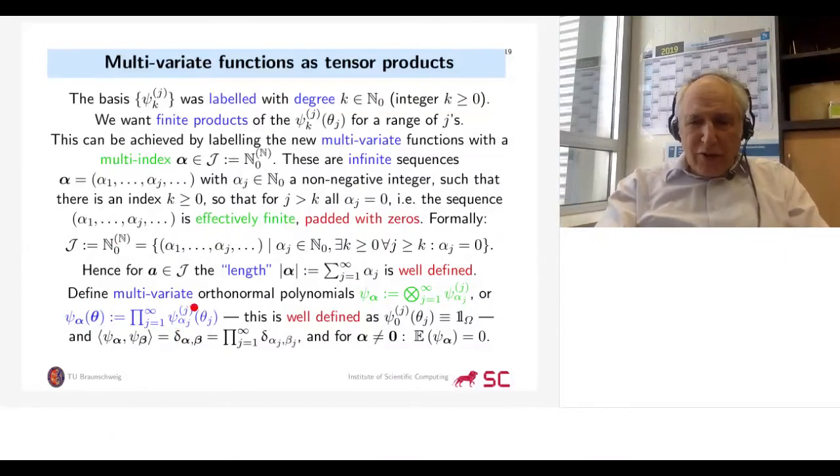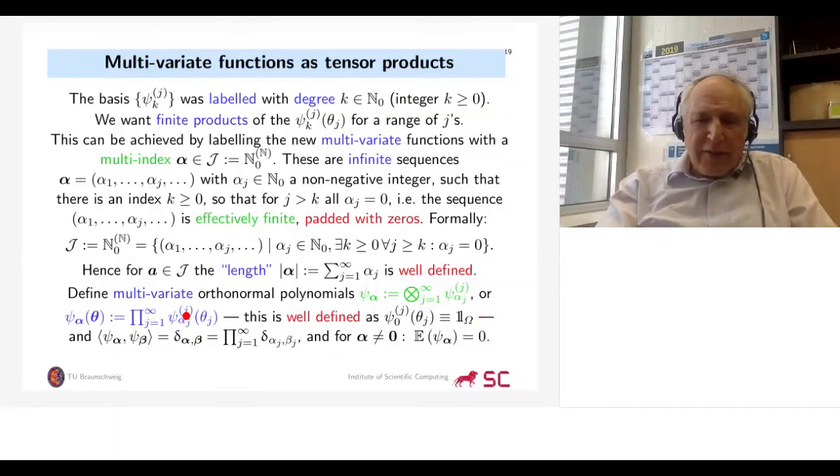Because most of these alpha j's, except for finitely many, are 0, and because c_0 is 1, this infinite product, except for finitely many factors, is all 1.